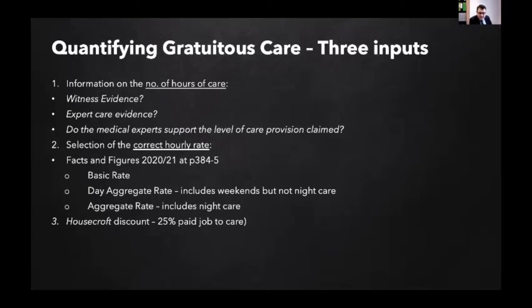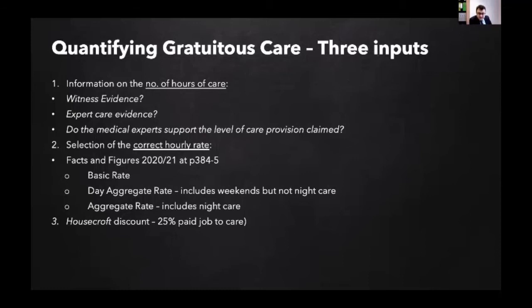But that's not actually the right approach, because in low to medium value claims, it's very unlikely that a caregiver will in fact be providing care at night. Indeed, there are some cases, Noble and Owens being one example, and another case in which I was involved called Downing and Peterborough NHS Trust, that indicate that the aggregate rate, including night care, is really reserved for the most serious of cases.